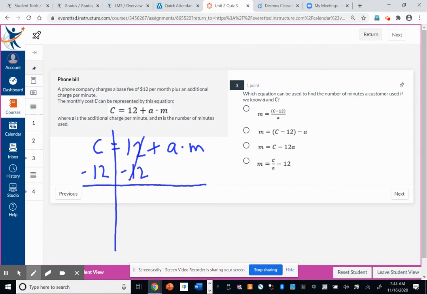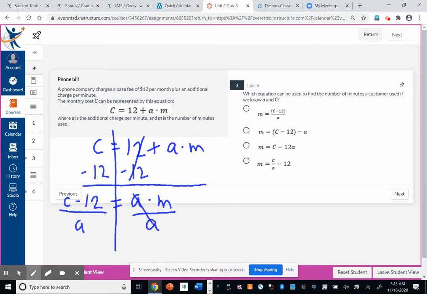And so this time we have C minus 12 over here. And that's equal to A times M. And then our next step to get the M by itself is to divide by the A. And remember, we divide the entire C minus 12 by the A.